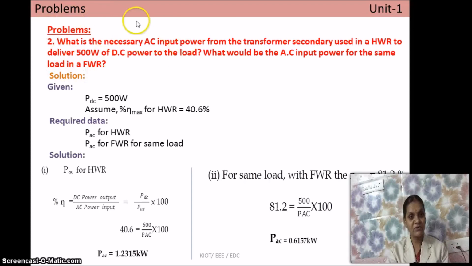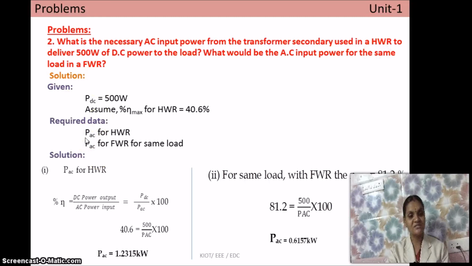Data is given for the half wave rectifier and the required data is for the full wave rectifier. So for the half wave rectifier, what is the thing you know? Efficiency. It's nothing but 40.6%, so keep that in mind. What you have to find out is the AC input power for the same load in a full wave rectifier.